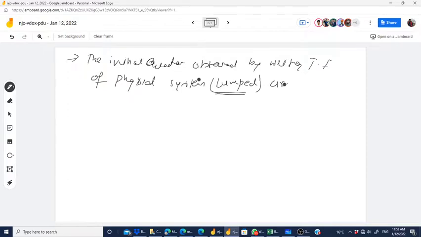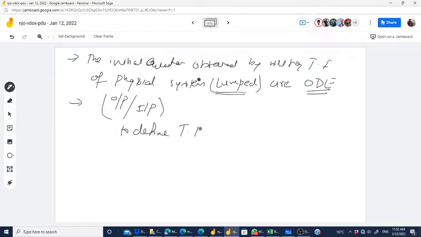So generally the equation will come in the form of the ODE, ordinary differential equation, right? Now, you also know that when you are taking the output ratio to the input, then this ratio should be taken in the form of the Laplace, or you can say, in order to define the transfer function, we use the Laplace transform. Yes or no?